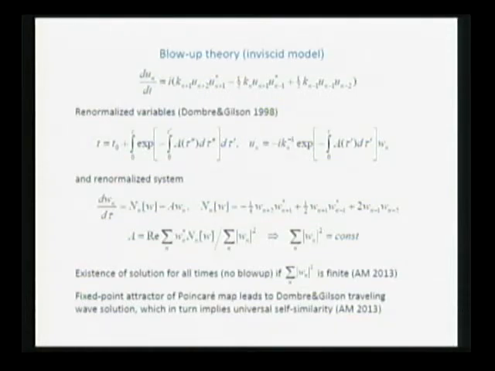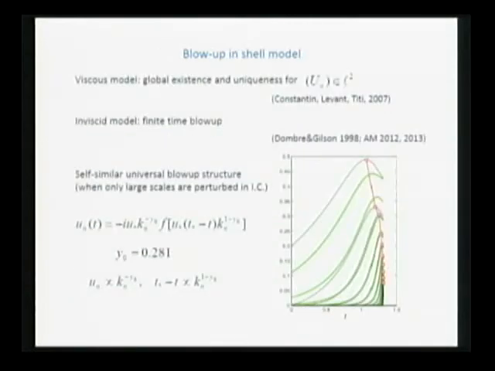The machinery of how to do it, I didn't put the details, but what you do is you can introduce in a certain way the Poincare section for the system. And if this Poincare map has a fixed point attractor, it implies that there is a traveling wave solution, and the traveling wave solution, if you make this transformation back, directly brings you to this form.